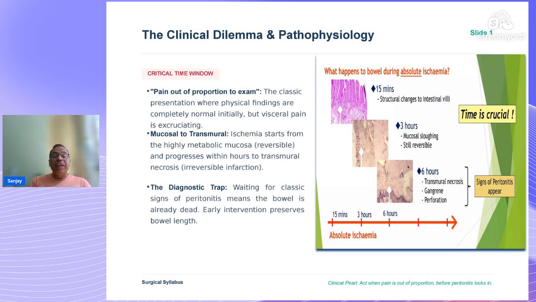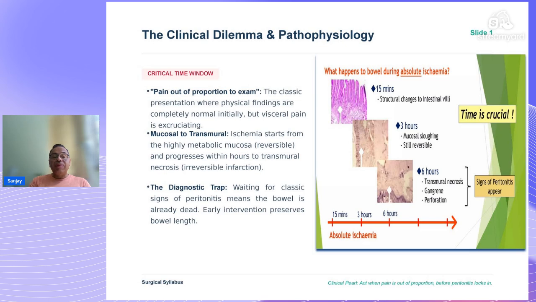So this pain out of proportion to physical examination is the classic presentation, where the physical findings are completely normal initially in the disease, but the visceral pain experienced by the patient is quite excruciating. That is one of the earliest symptoms which should make you suspicious that this patient may be having acute mesenteric ischemia.